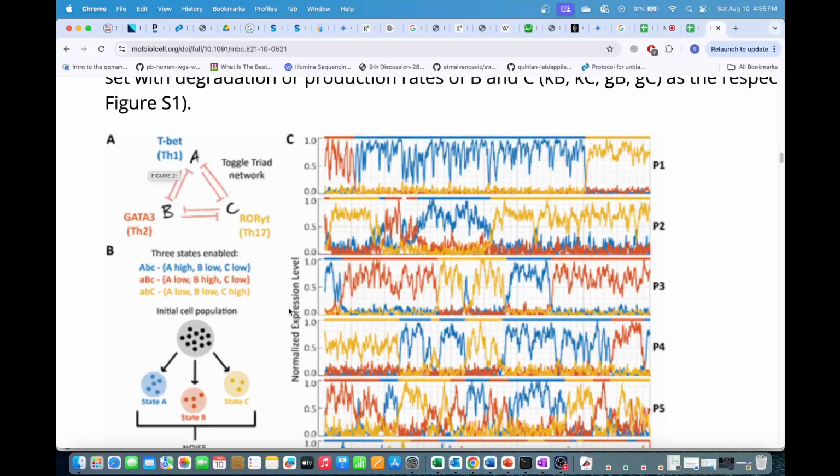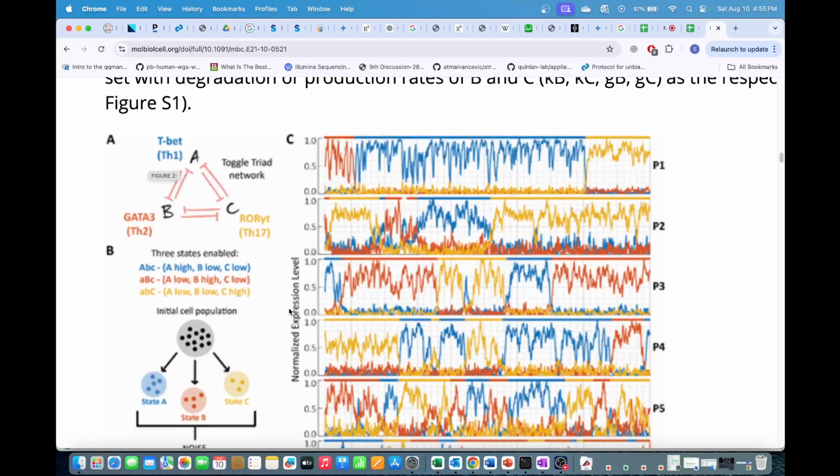So what happens is T cells have what we call a T progenitor cell. So T progenitor cells are basically stem cells which give rise to these kind of T cells, Th1, Th2, Th17. They are coming from the same ancestor. They are the same stem cell which is getting divided into different types of cells.